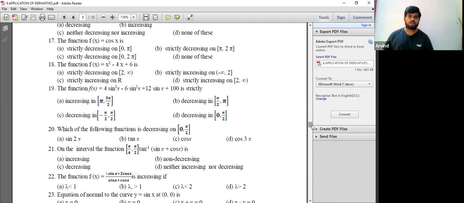So you have to find out in which one it is strictly decreasing. So it is decreasing anta gottaitu. In which interval we have to find it. That's it.